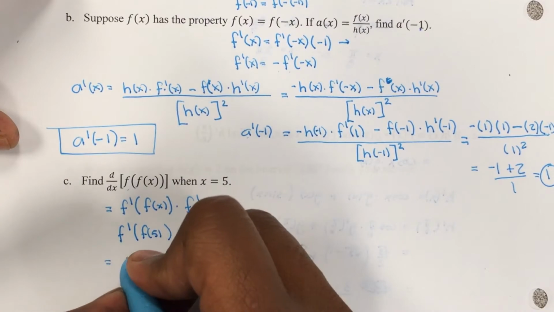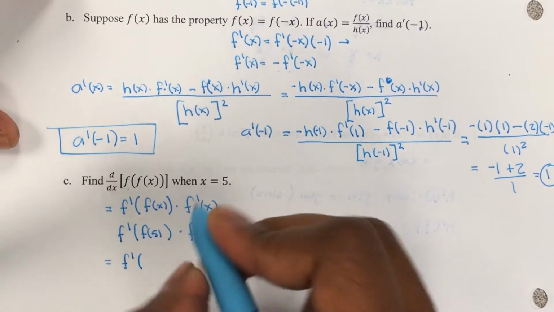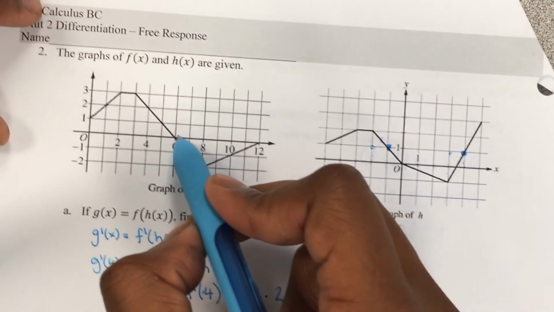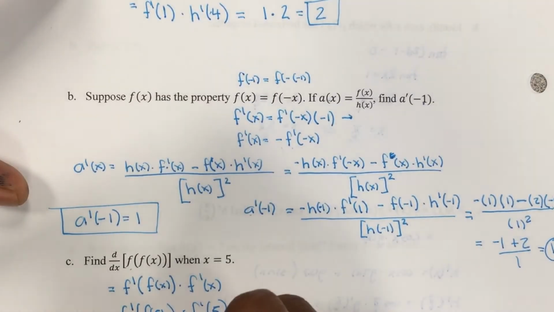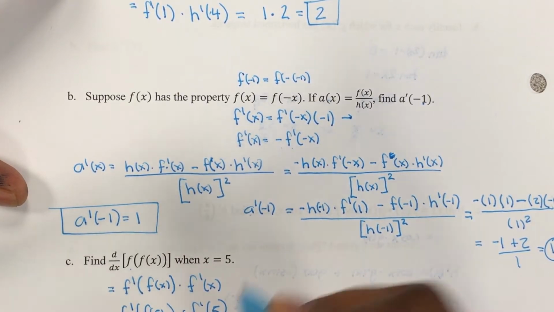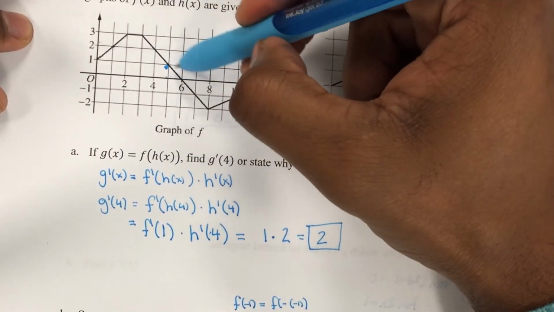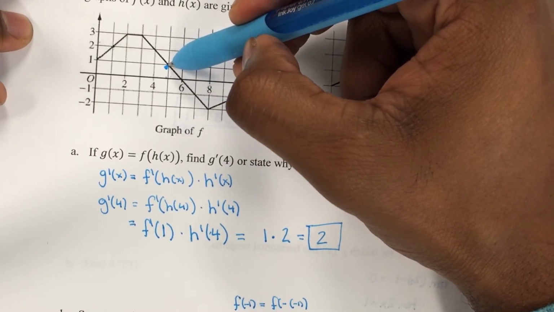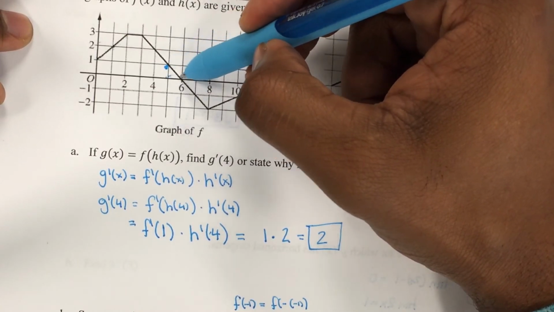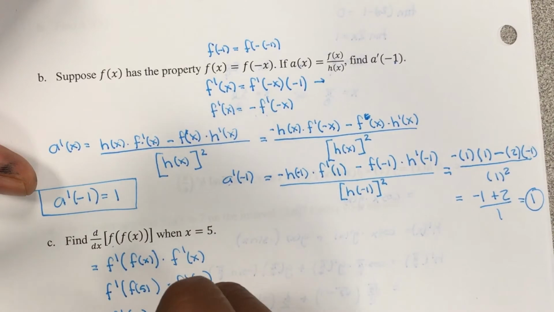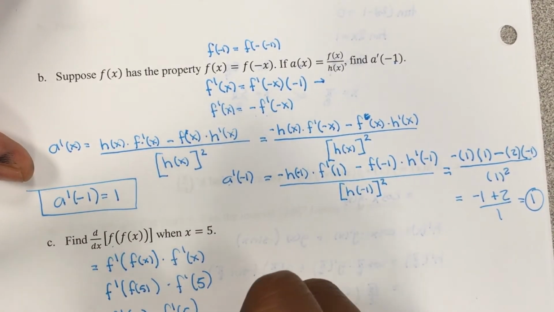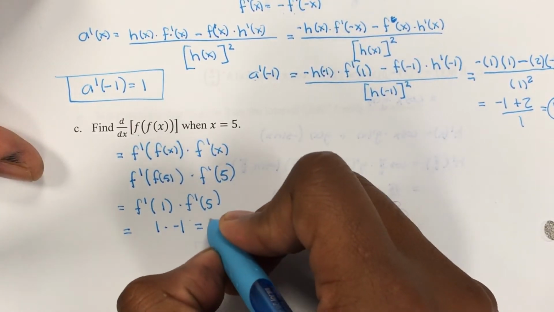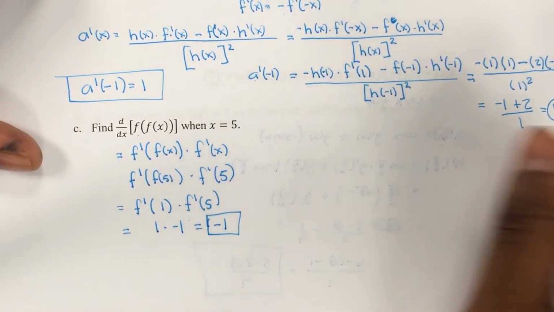When x is 5, f of 5 is 1, so f prime of 1 times f prime of 5. And f prime of 5 is the slope of this line segment, which is down 1, right 1, so that's negative 1. So this is going to be 1 times negative 1, which equals negative 1.